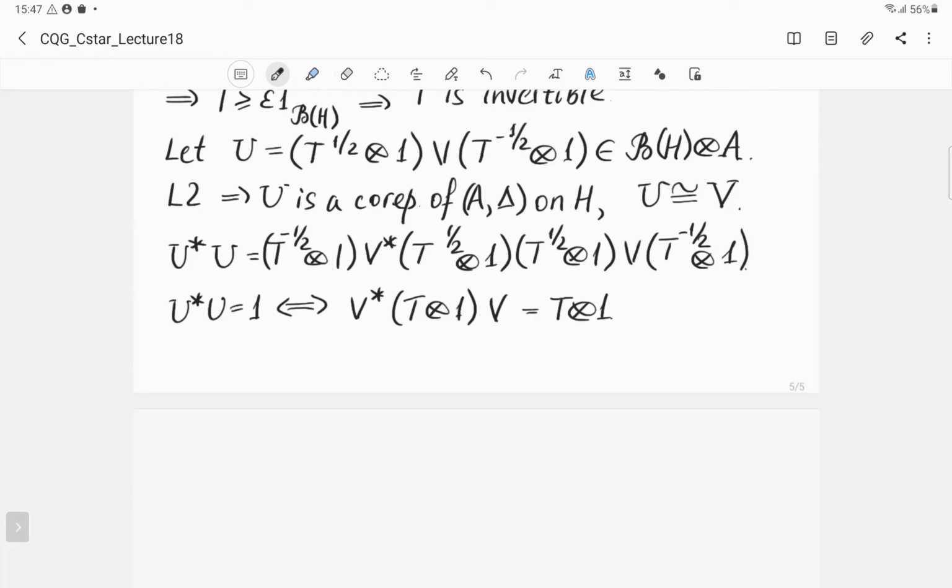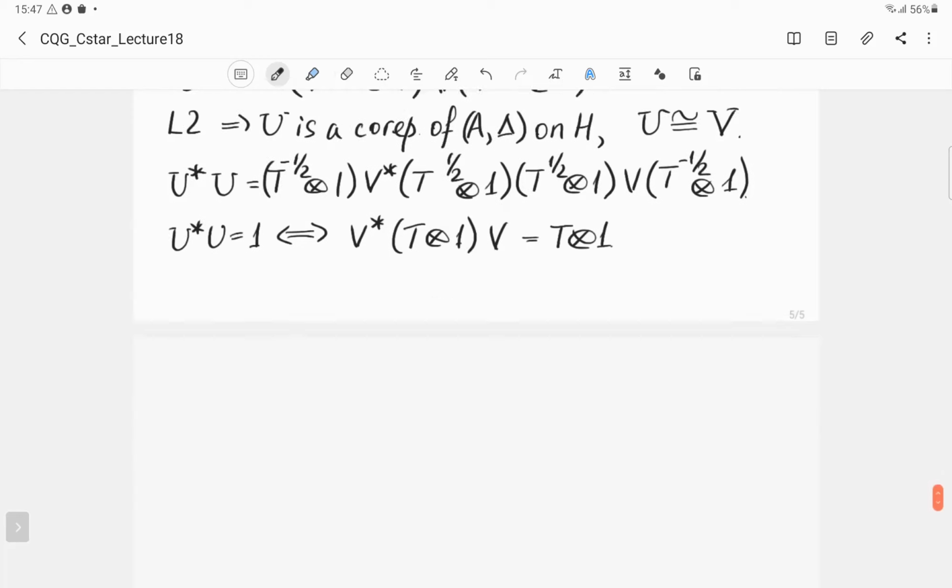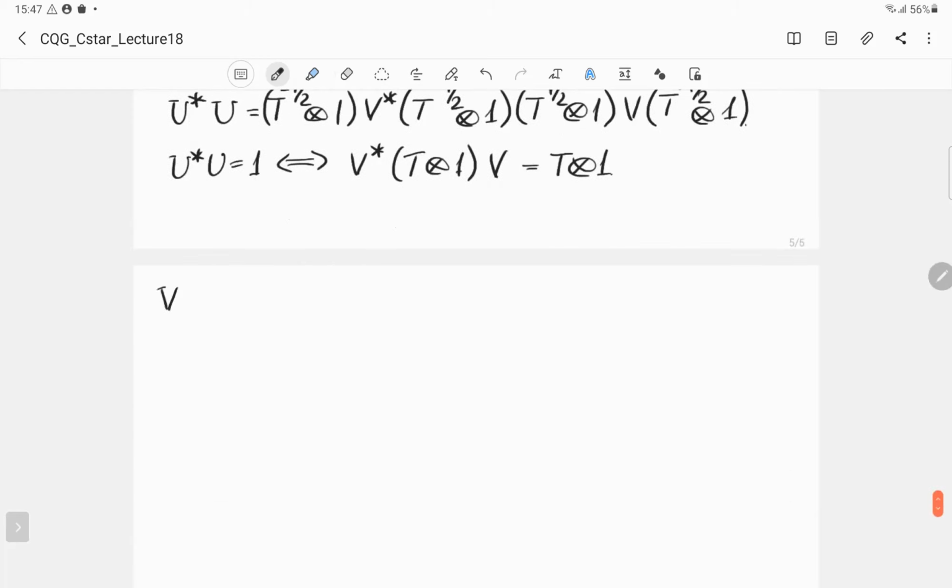To show that this is indeed the case, we do a little trick. Since V is a co-representation, we have the following equality: 1 tensor delta applied to V star V is equal to the following product.